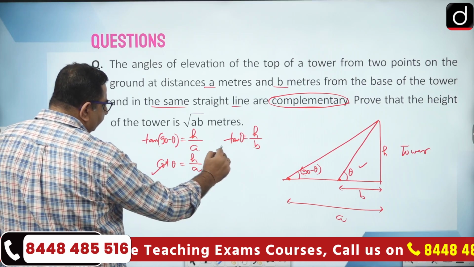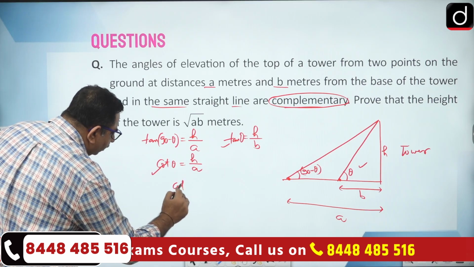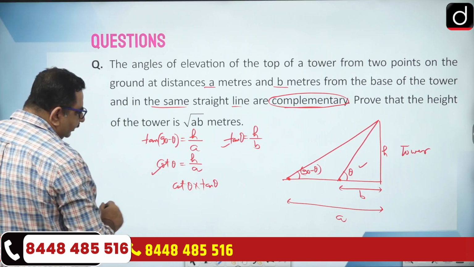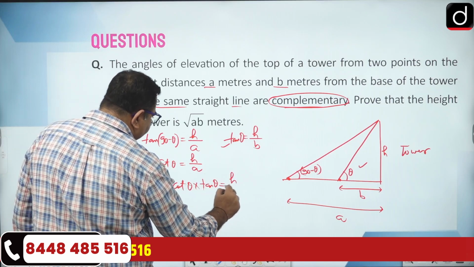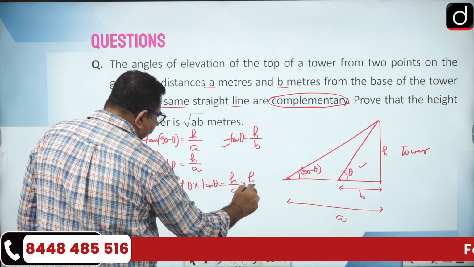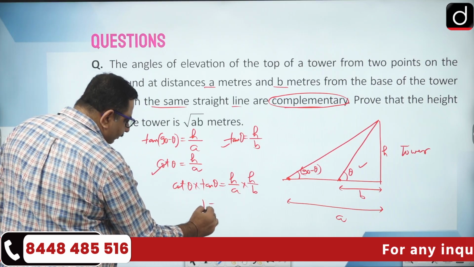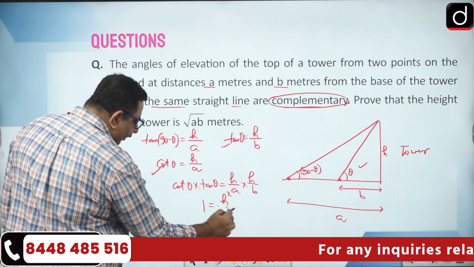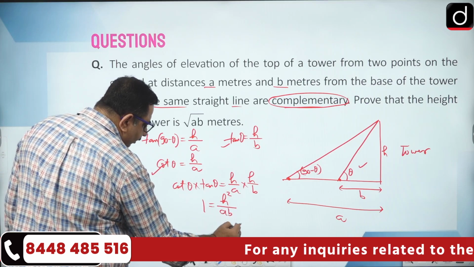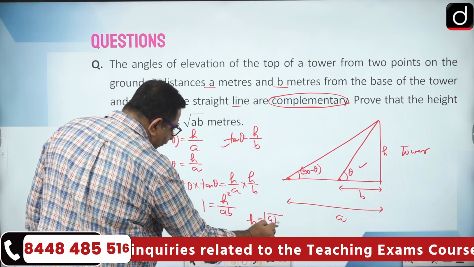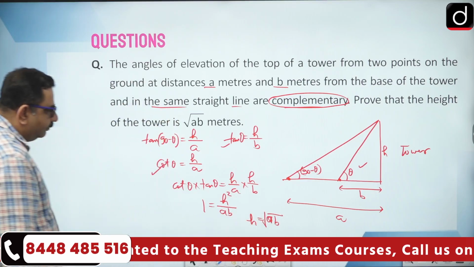So if I multiply these two, cot theta into tan theta is h by a into h by b. Now the product of cot theta and tan theta is 1, so 1 is equal to h square upon ab. So from here h is equal to under root of ab.